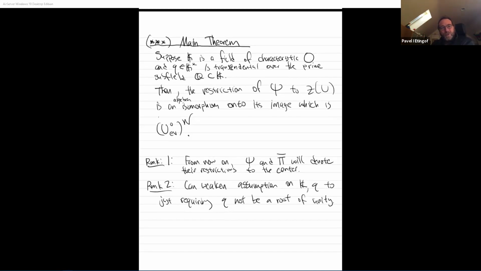Therefore, the quantum group as an algebra is the same algebra, and so it will have the same center. Then this map is surjective after formal completion. But this doesn't immediately imply, for example, why you need to take the even part of U0. So this result is a little bit more subtle, but in some sense you should not be surprised that the center survived quantization because of what I just said.